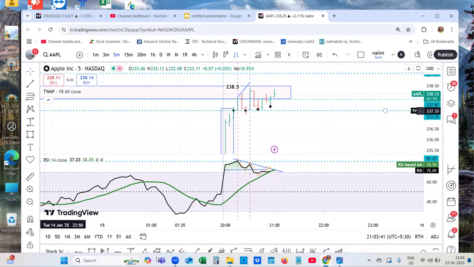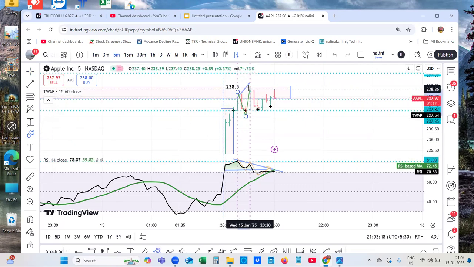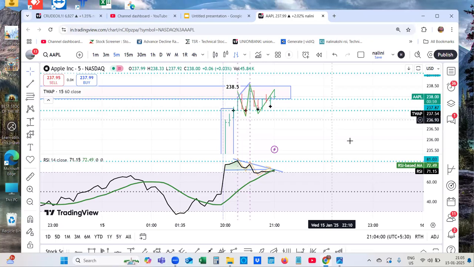If I mark the structure here, it's a deep down correction and peak high, and the price has moved here. Okay.